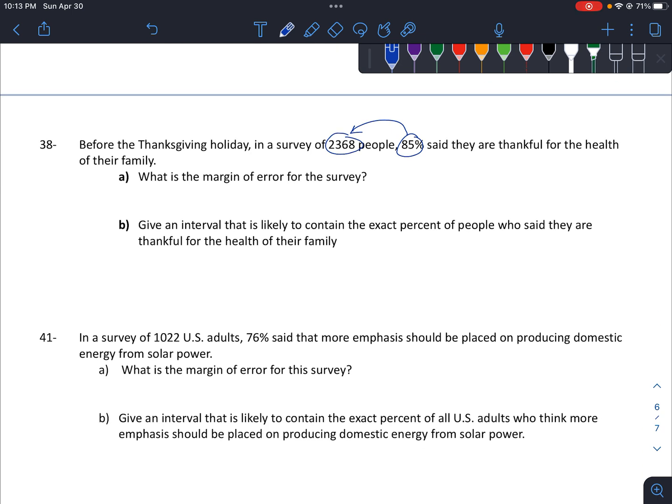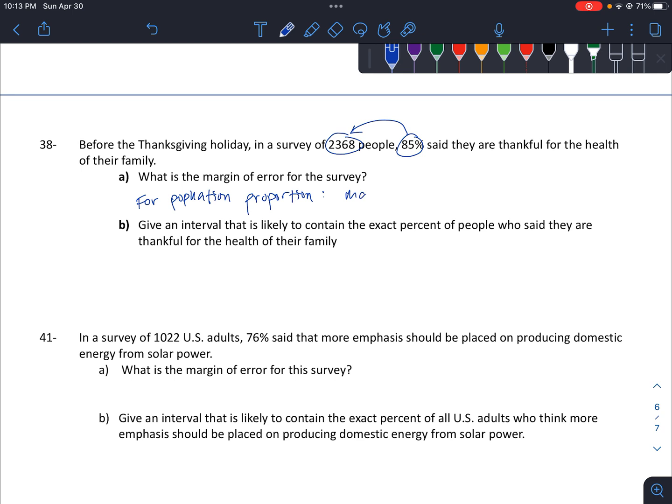So we'll use the margin of error for a population proportion. I'm only doing this to distinguish from whenever we're trying to find the margin of error of a mean. This is the margin of error for a population proportion.